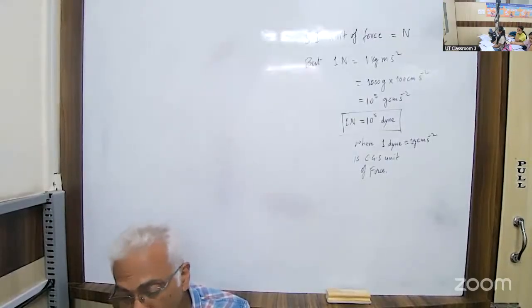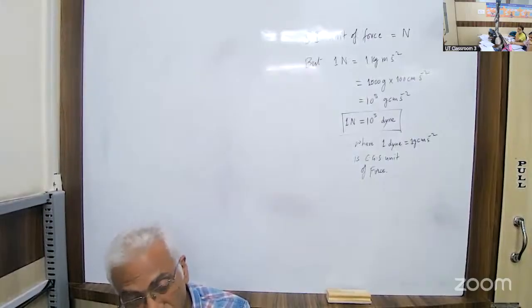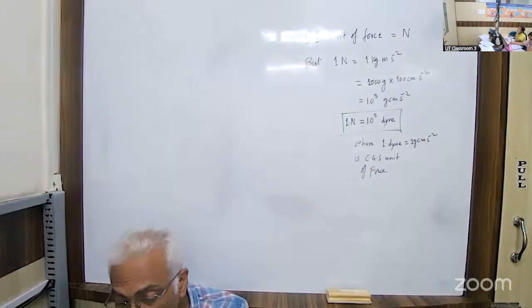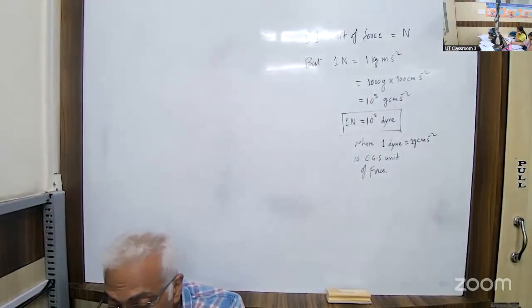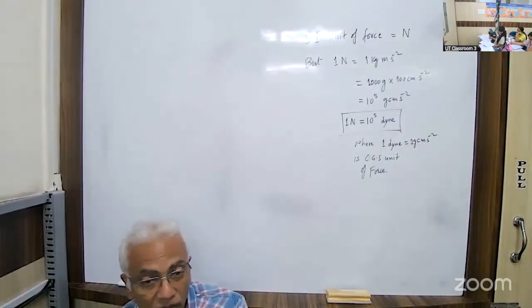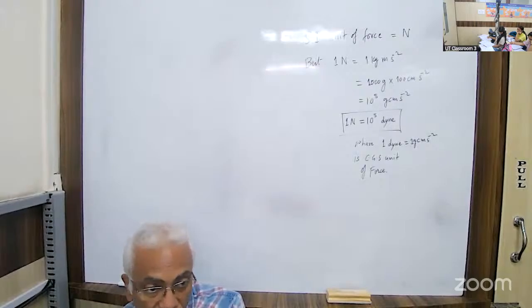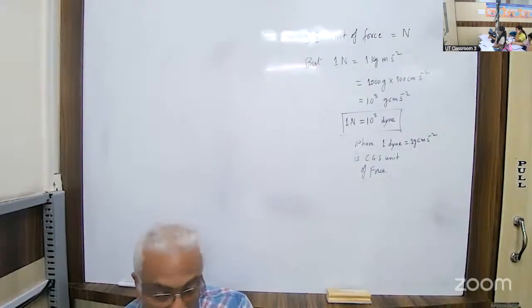You have force and you have the mass of the object, so it is F by M. The same force is acting for now 7 seconds. Whatever the acceleration is, it will be F by M. Then v is equal to u plus at, where a is F by M. Right?